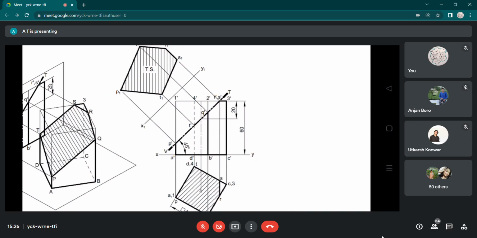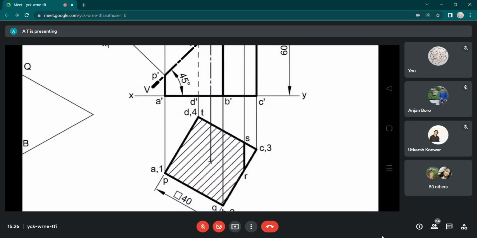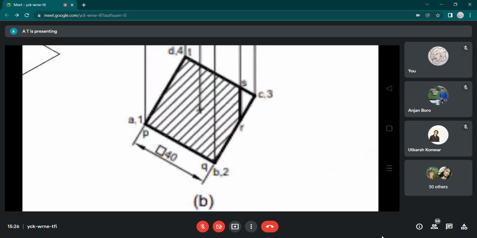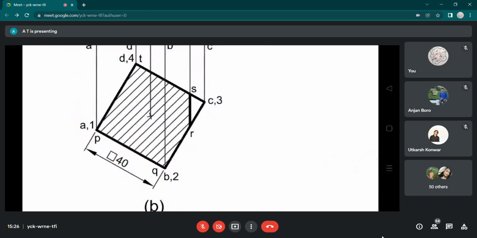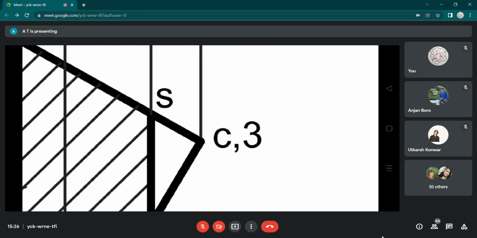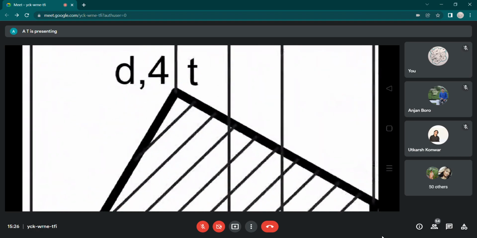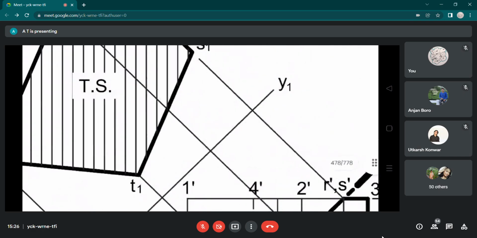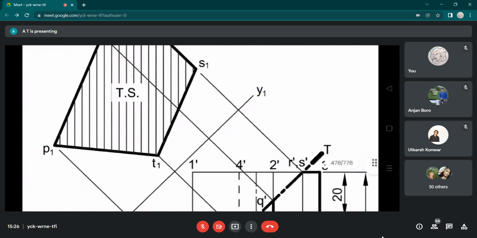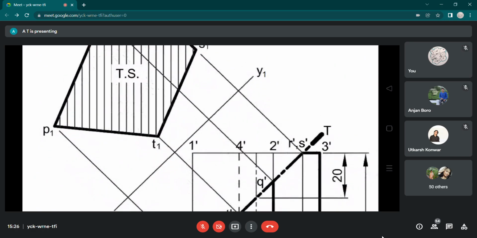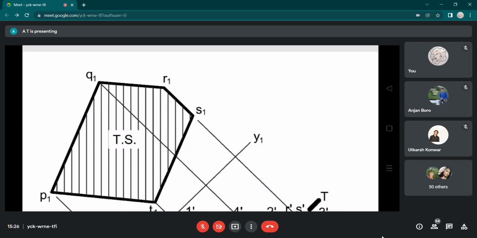That means this is the XY. So all these points P, Q, R, S, and T, whatever their distance is from XY, here the same distance is of P1 from X1, Y1, T1 from X1, Y1, S1 from X1, Y1, R1 from X1, Y1.